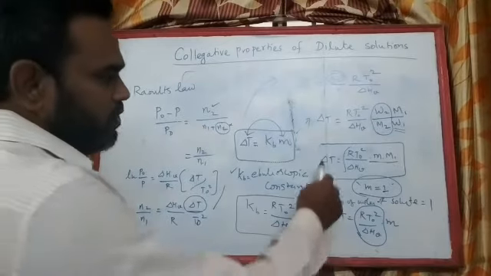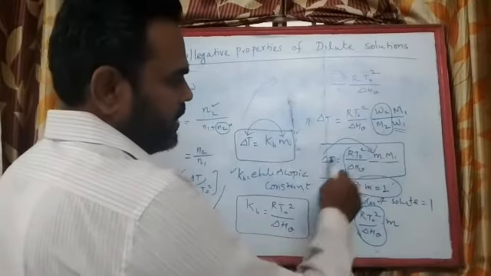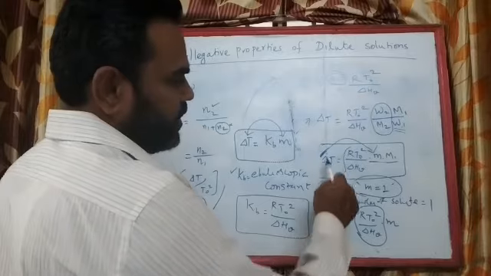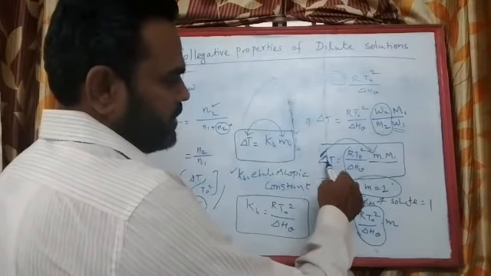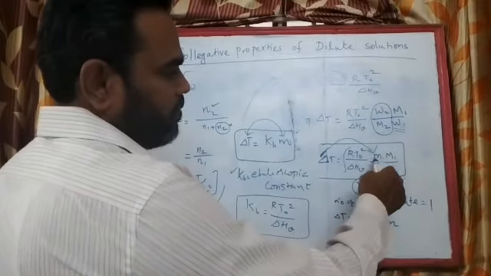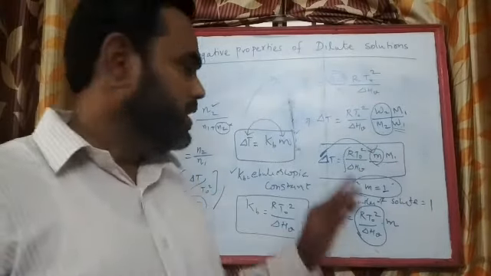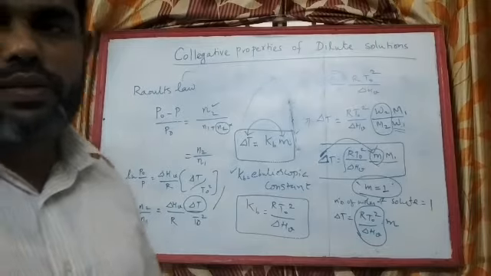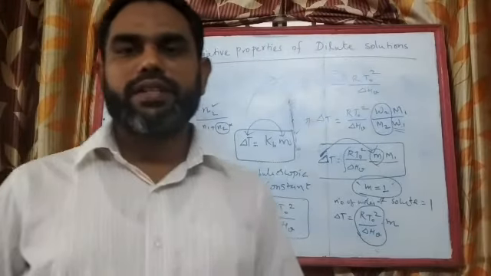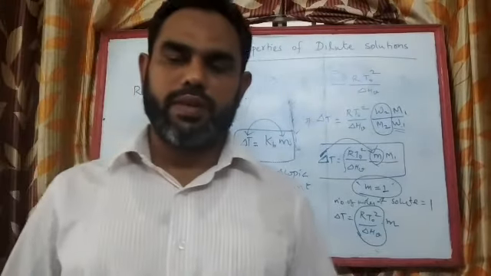Also you can see here, delta T is directly proportional to m, the number of moles of solute. So this equation shows that the elevation of boiling point is a colligative property.